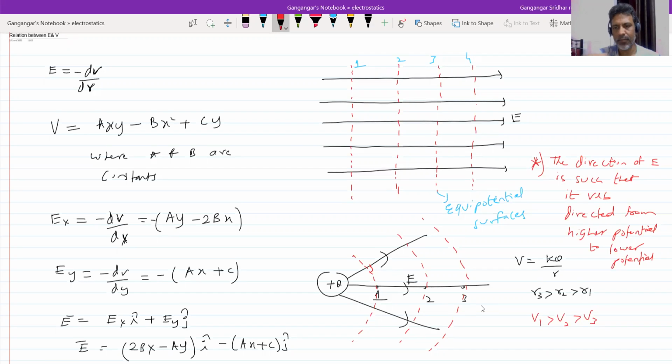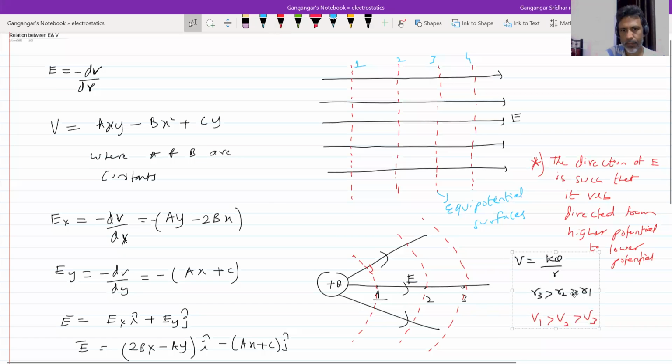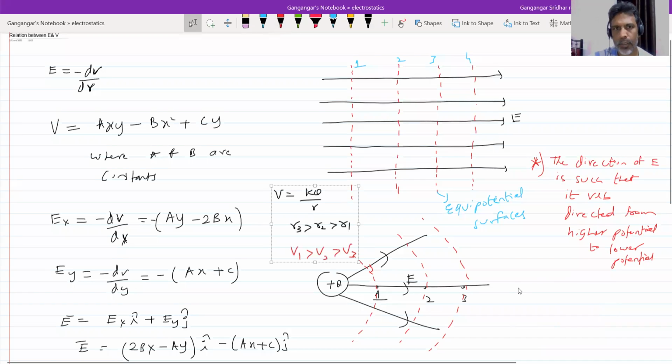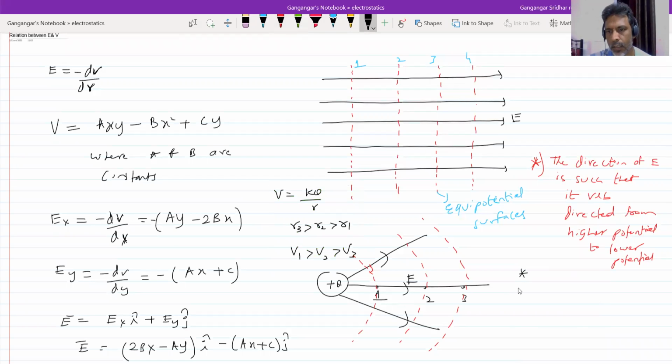Once again, I'll put that down. So the second important point: the E bar will be directed normal, perpendicular, better you write, perpendicular to the equipotential surface.